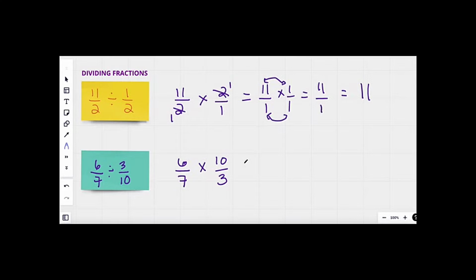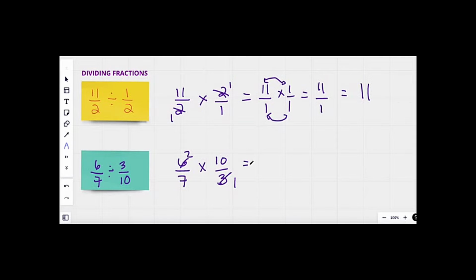Okay, we're ready to multiply, but before we get there, let's see if we can do any reducing before we multiply. So if we look at the 7 and the 10, there isn't a number that fits into both of these. But if we look at the 6 and the 3, there is a number that can fit into both of them, and it's 3. Because 3 goes into 3 once, and 3 goes into 6 2 times.